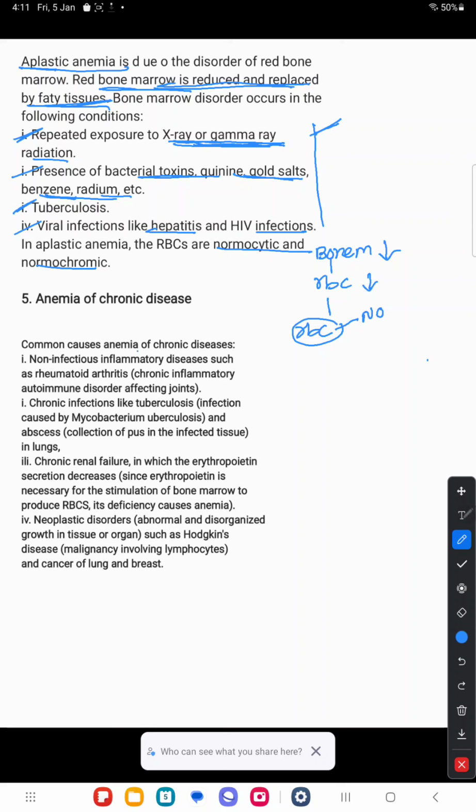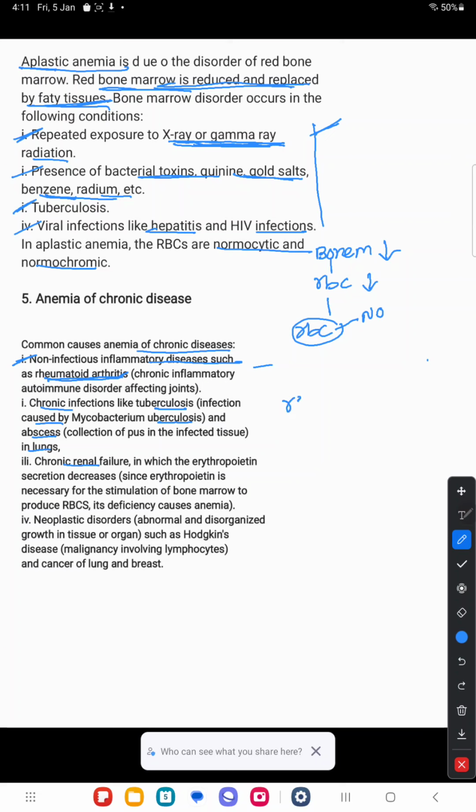The common causes of anemia of chronic diseases: non-infectious inflammatory diseases such as rheumatoid arthritis. It is chronic. This disease is discussed later in other chapters. This disease may cause anemia too. Chronic infections like TB caused by Mycobacterium tuberculosis and abscess in lungs cause anemia.